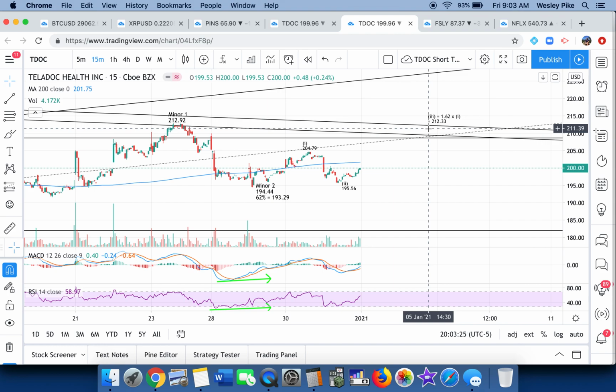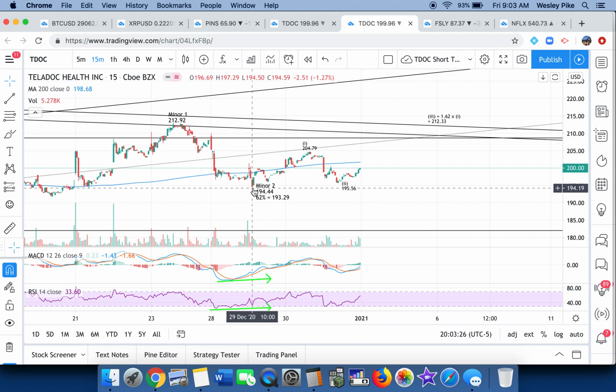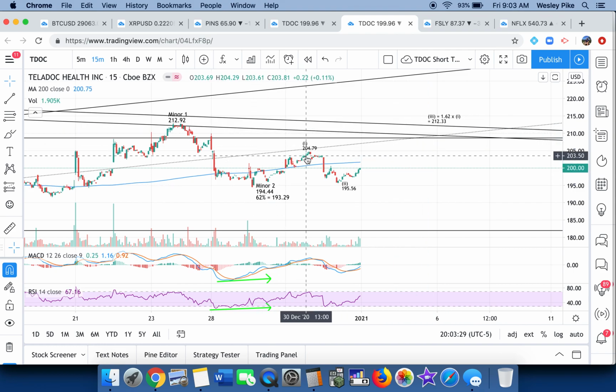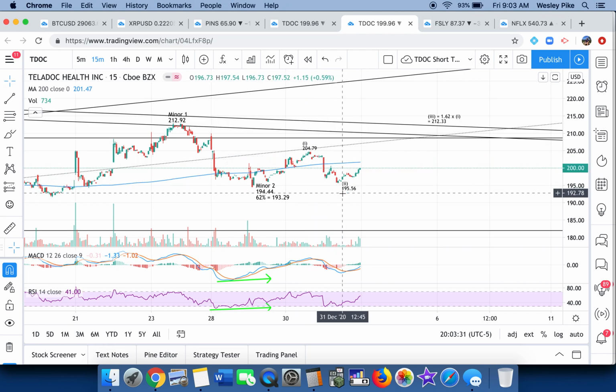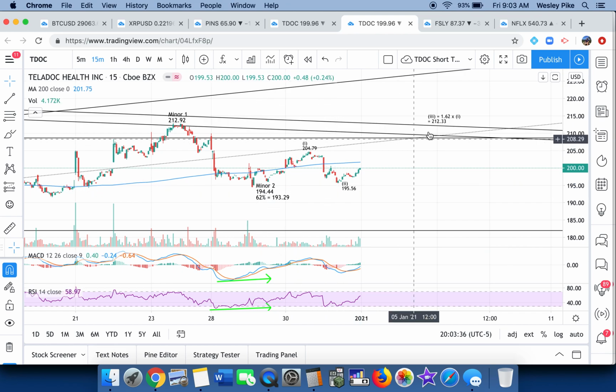So the tale of 2 mice. Don't be the first mouse. Wait for the pullback. Be the second mouse to get the cheese. It establishes your risk, it establishes your reward, and it puts you in a higher probability framework for an extended wave 3 move according to Elliott Wave.